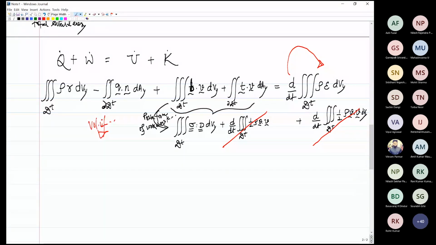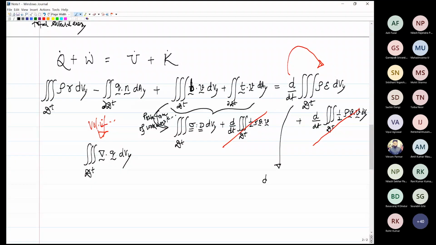This is simple because you can directly use the Gauss divergence theorem and write it as a volume integral of divergence of q, isn't it? And whereas this part, that's also something we have seen a lot of times, but let me do it in steps.